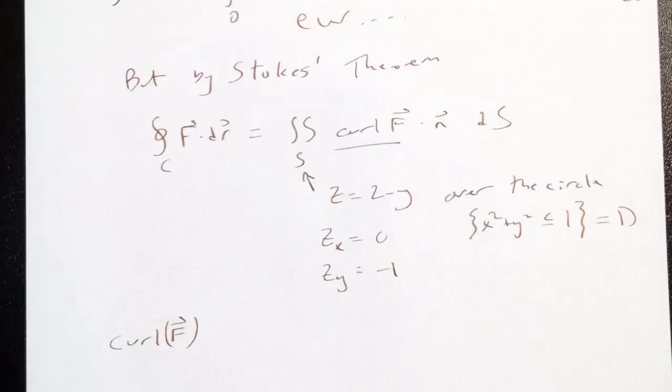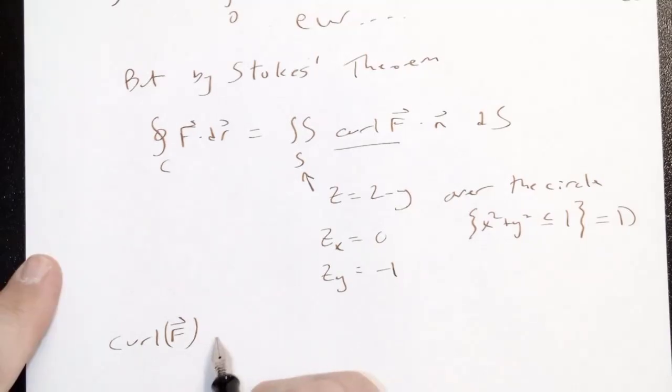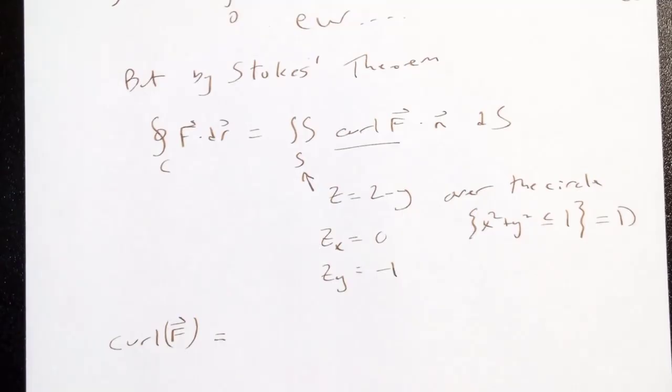Curl is... no, that's the actual result of the integral. But there's a faster way to do it. Yes, that's the equation, but what's the faster way to do it?